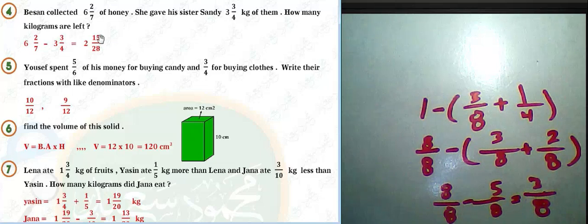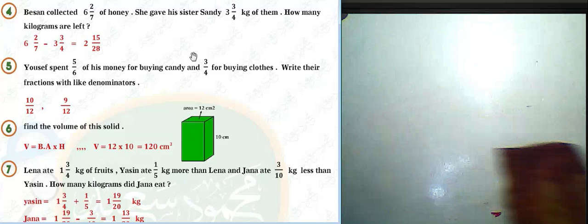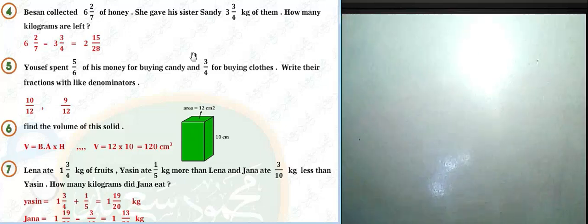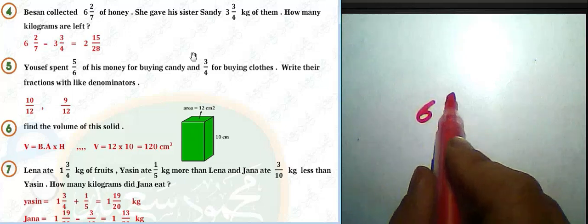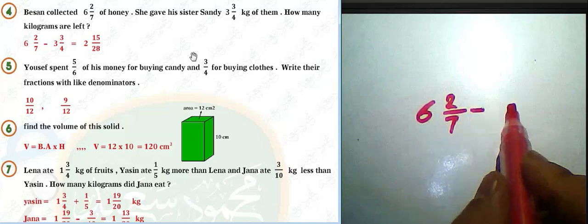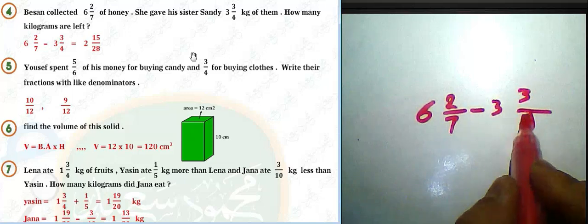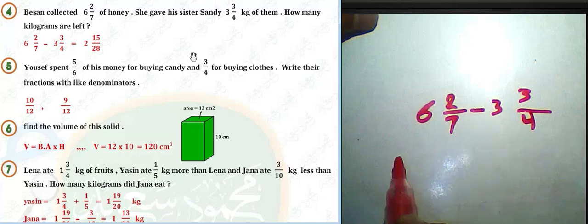The left or the remainder, we can find the difference between them by writing the least common multiple between the two denominators. Because you have different denominators here, you must make like denominators. Write the like denominator for the two fractions. Look at here, 6 and 2/7 subtract 3 and 3/4. 4 times 7 equals 28.